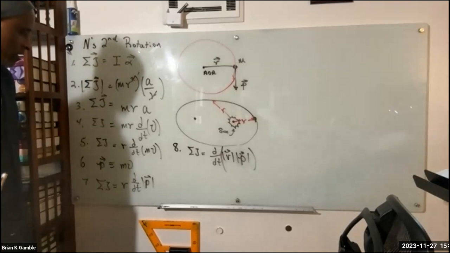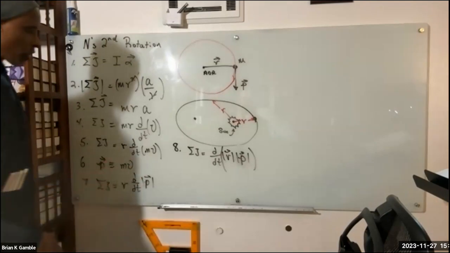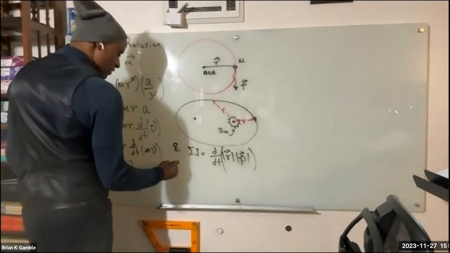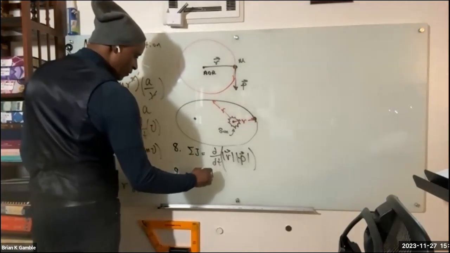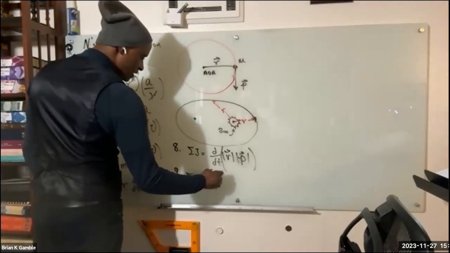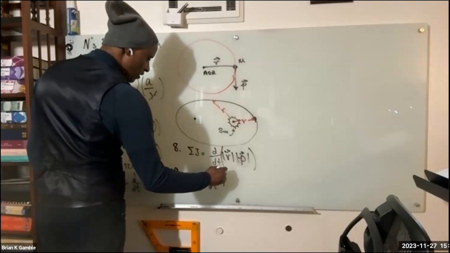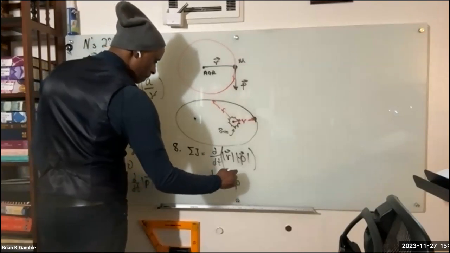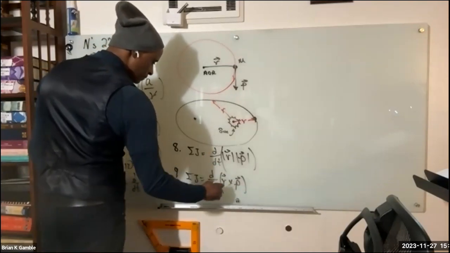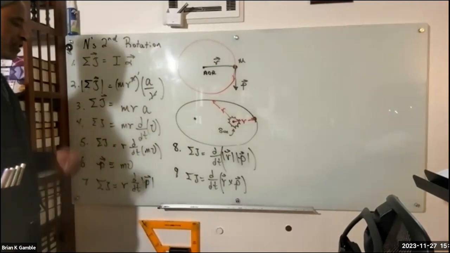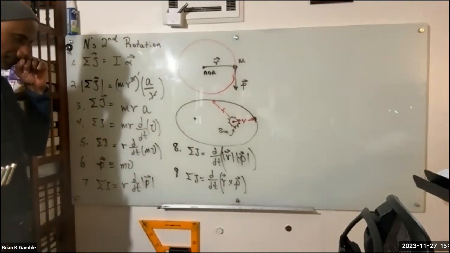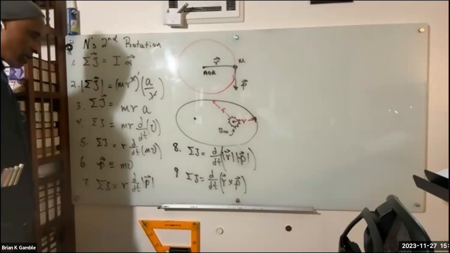Some of you had calculus in high school. Turns out it's a cross product. And so we say that the net torque then is equal to the time rate of change of this quantity r cross p. Now that quantity has units of kilogram meter squared per second.